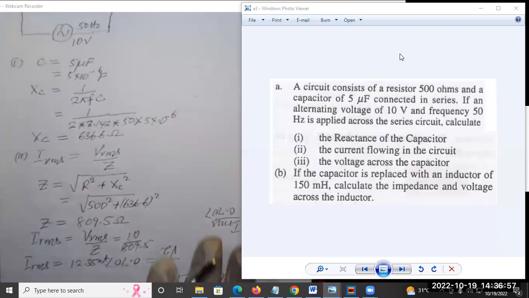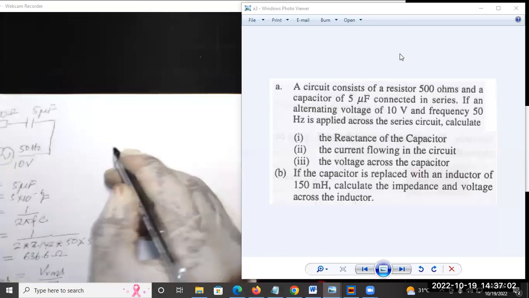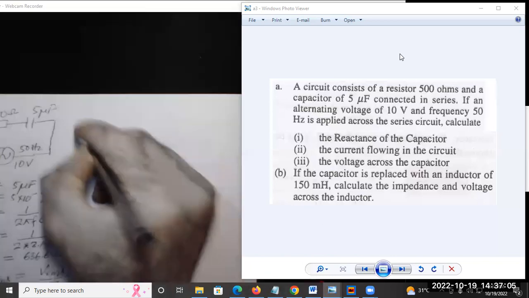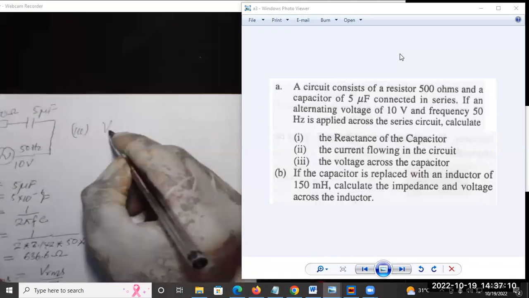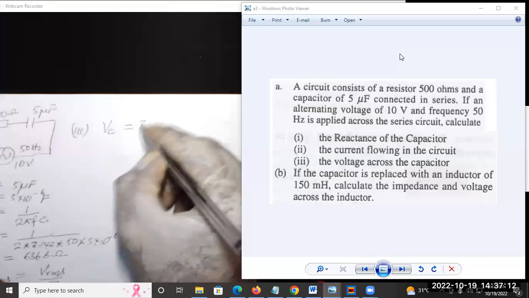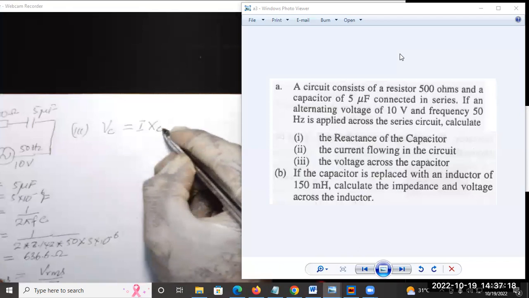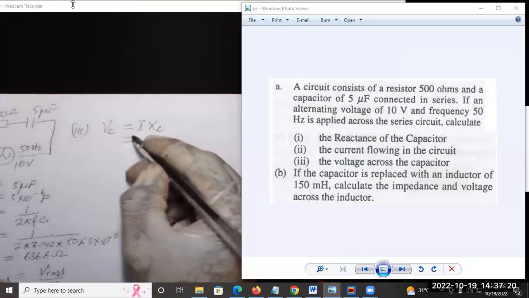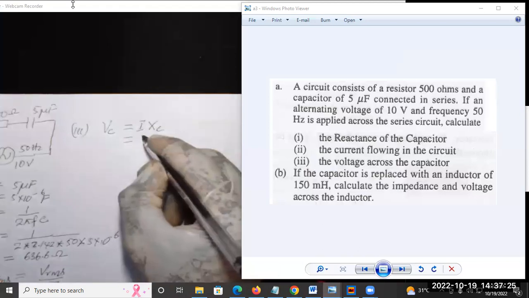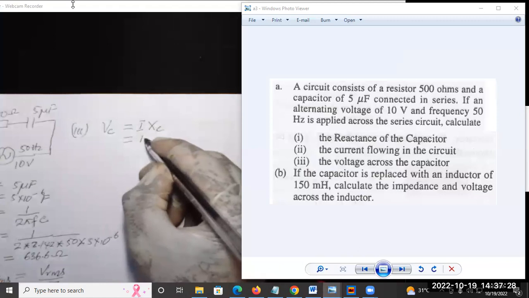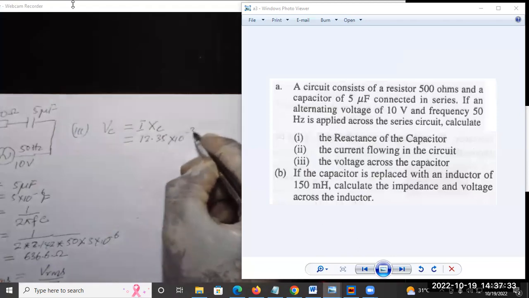We are also asked to find the voltage across the capacitor. The voltage across the capacitor, that would be VC, is given by the expression the current multiplied with the capacitive reactance. The calculated current here is 12.35 times 10 raised to the power minus 3.